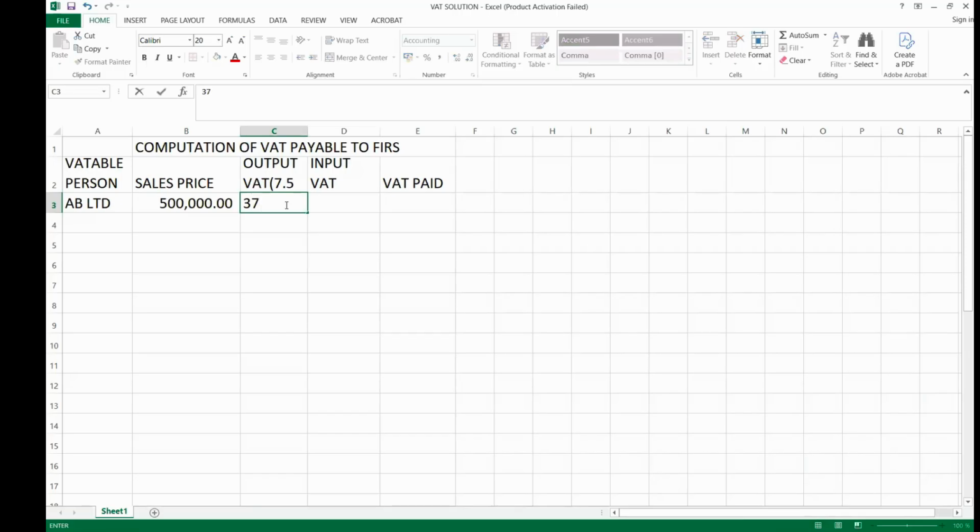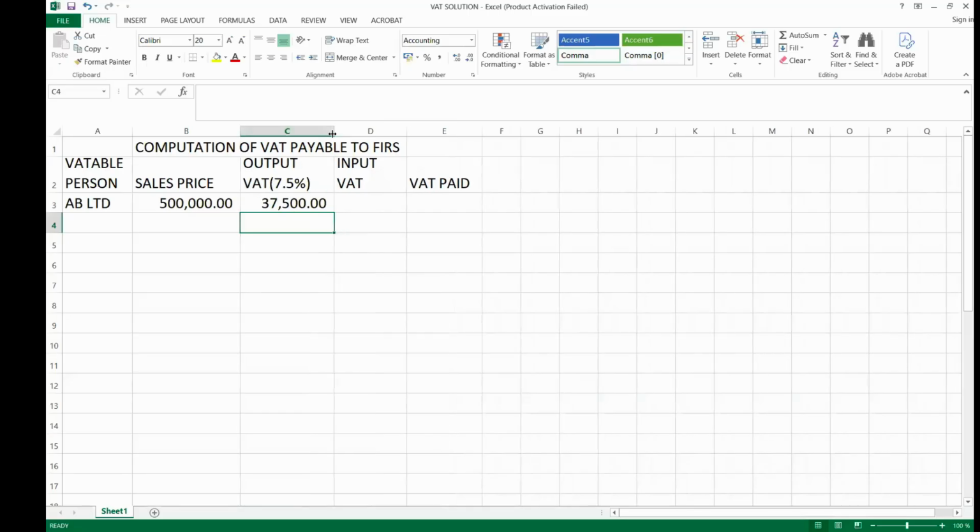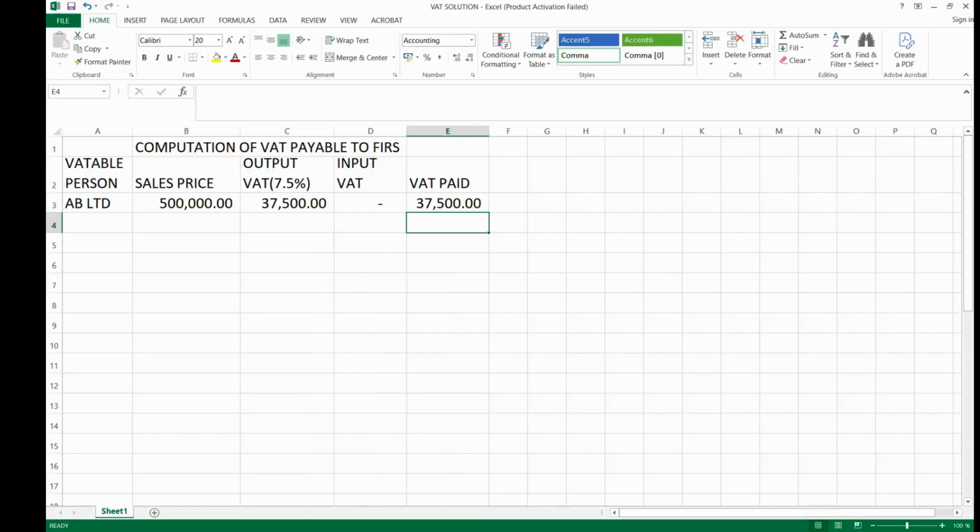So the output VAT is 37,500. The input VAT will be 0 because we are not told where he bought that item from, so nowhere can you claim the input from. So VAT paid will now be 37,500.